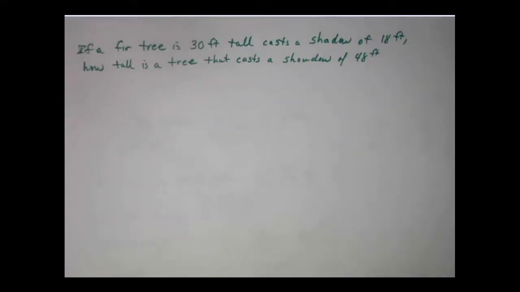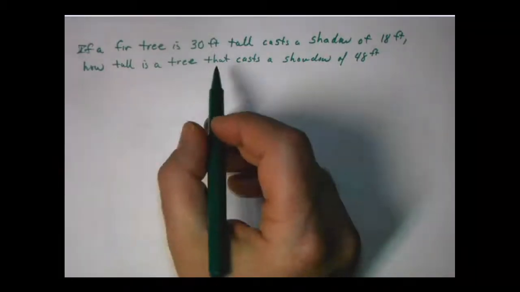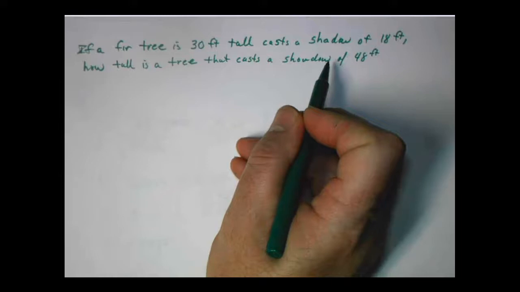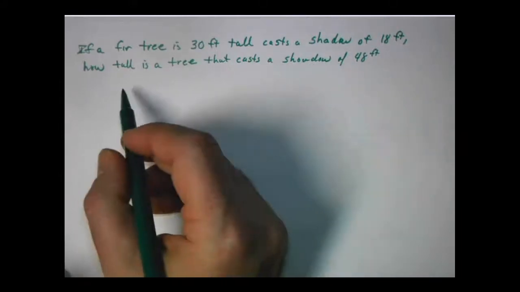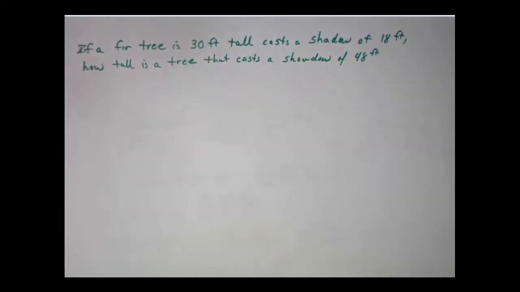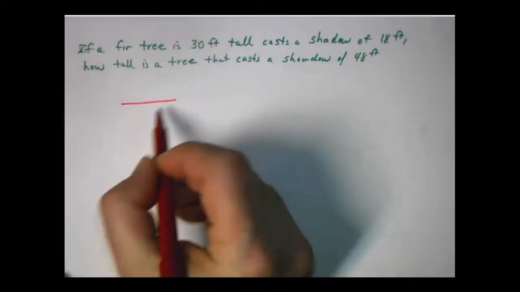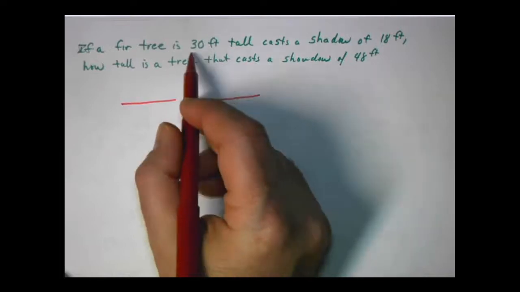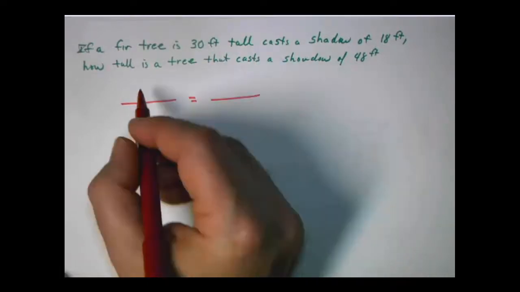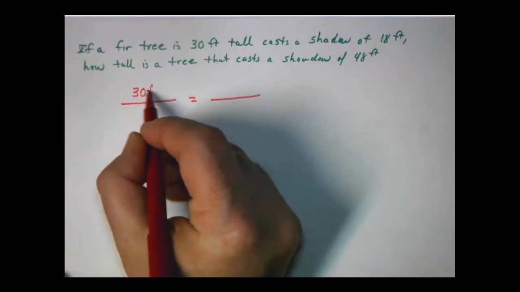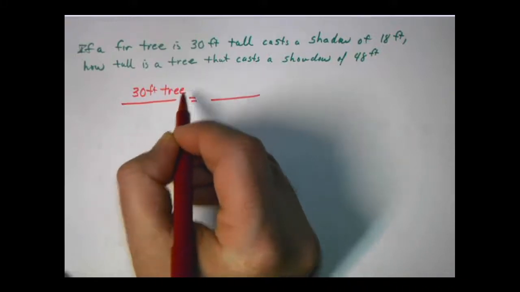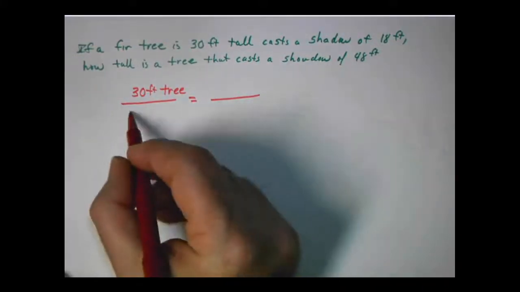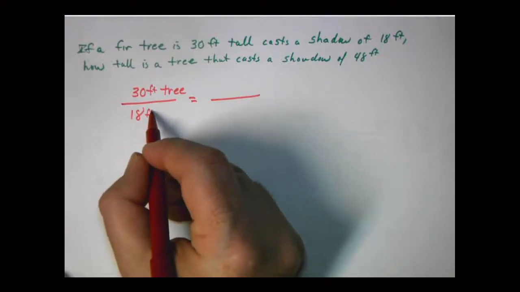Okay, the next group of questions in the book has to do with this set of word problems. If a fir tree is 30 feet tall and casts a shadow of 18 feet, how tall is a tree that casts a shadow of 48 feet? Well, again, I like to start with the information that they give me in the problem. So as I'm setting up my ratio here, I have 30 feet tall tree, so 30-foot tree casts a shadow of 18 feet.